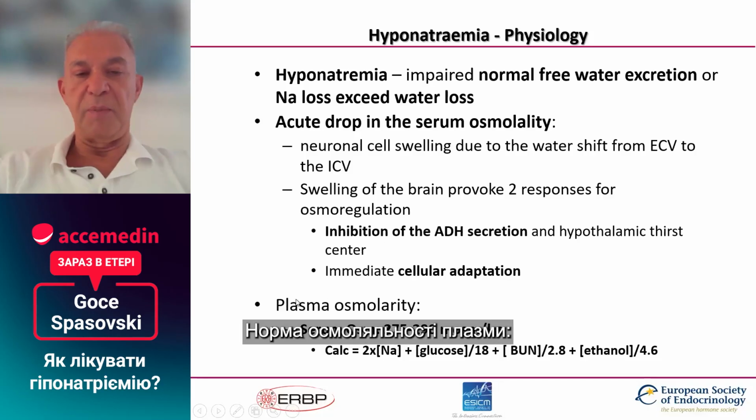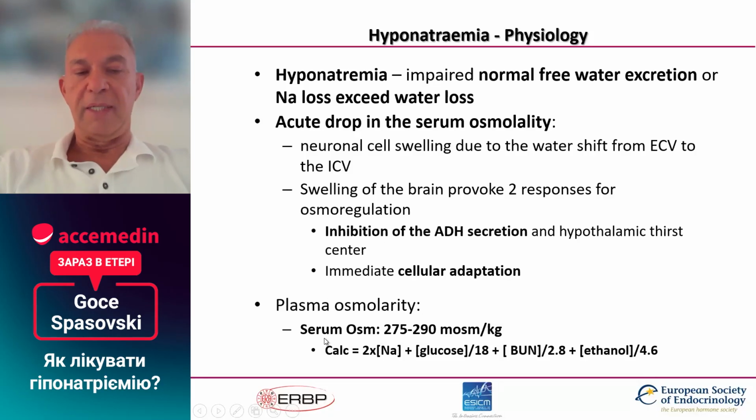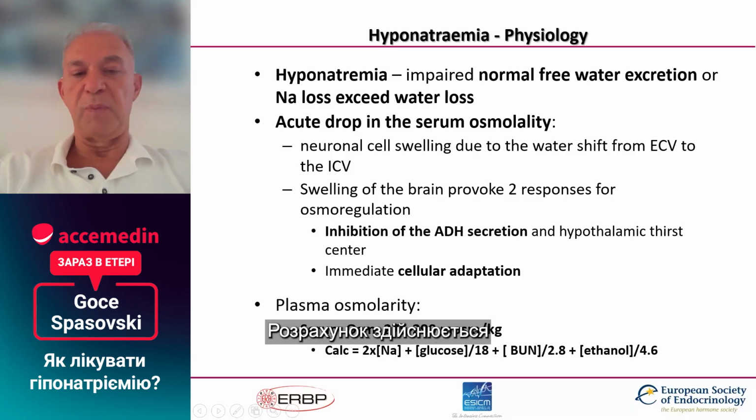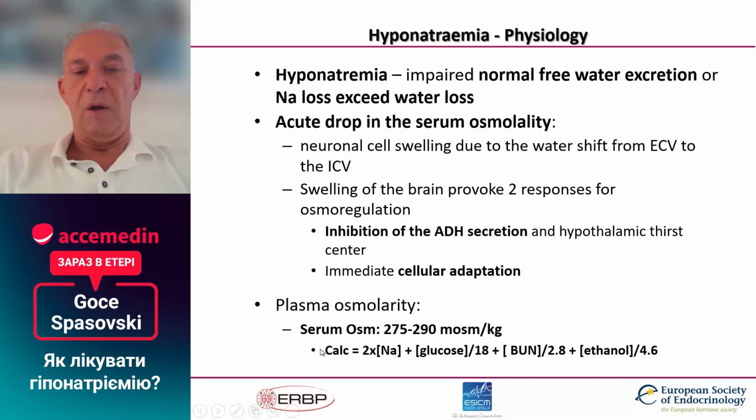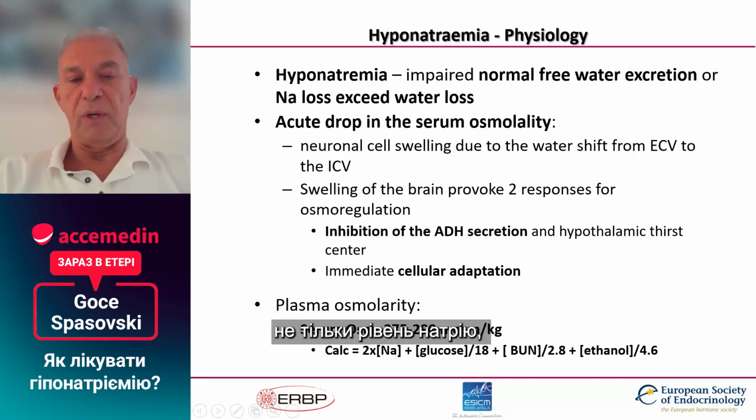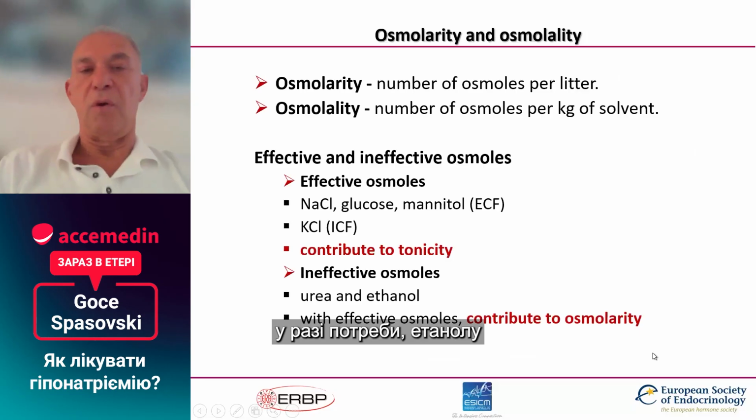And plasma osmolality, we should know, is a serum osmolality between 275 to 290 milliosmoles per kilogram. The calculation is according to this formula, which takes into account not only the serum sodium levels, but also glucose levels, urea levels, and ethanol alcohol levels.